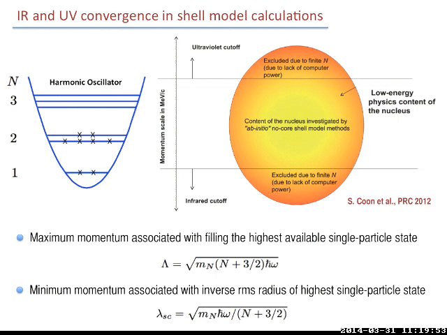So in your DVR calculation, is the infrared and ultraviolet also coupled, or is it independent? Independent. So that's like in a box. Exactly, yeah. And the idea is you do your extrapolation to large box size.